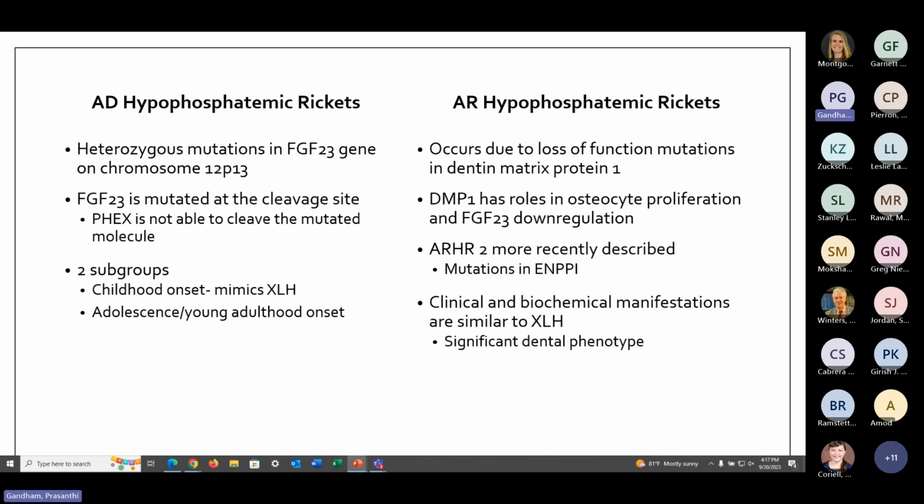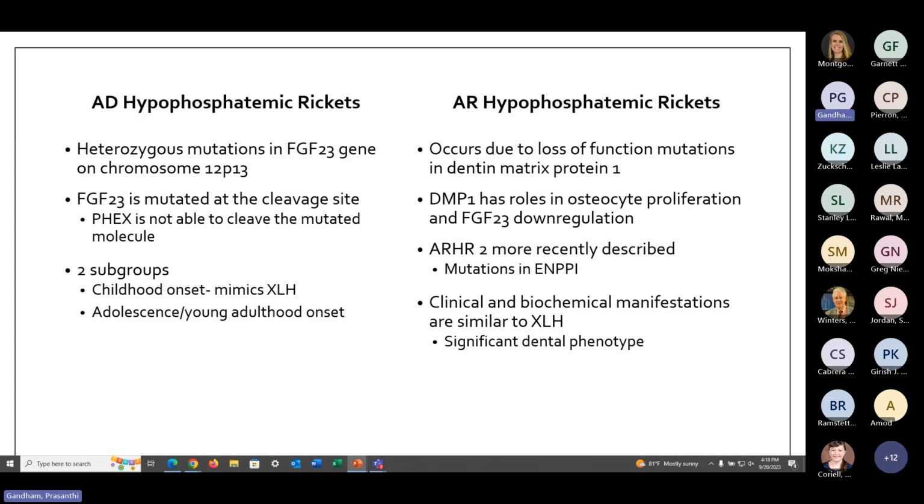In autosomal recessive hypophosphatemic rickets, historically it was thought to occur due to a loss of function mutation in DMP1, but we are now identifying more mutations that can also be transmitted in autosomal recessive form. So this is not the only type, just the most common or best described. DMP1 is a non-collagenous bone matrix protein.